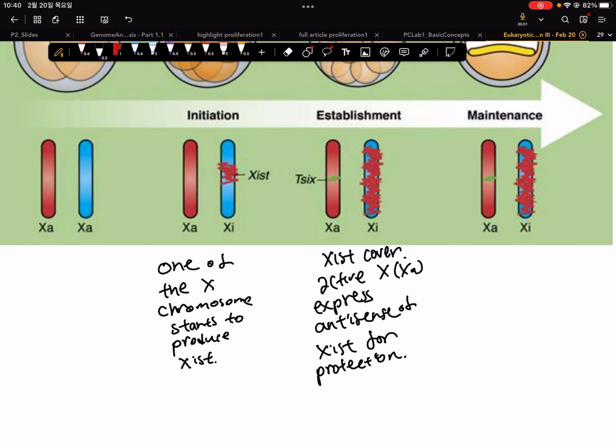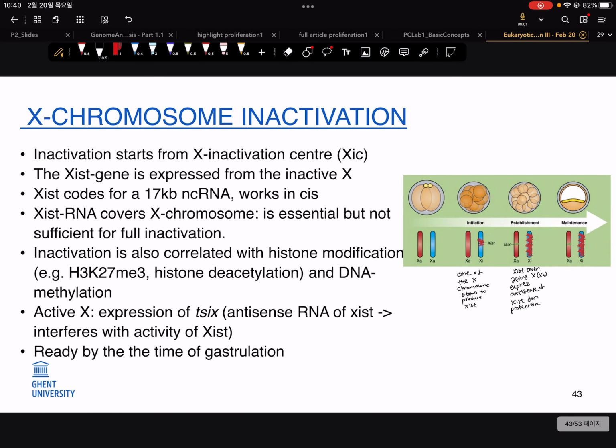And it works in cis, meaning it will bind to a close-by genomic region, the same genomic region, to that X chromosome. It covers it. It will kind of condense it. It's essential that this happens, but that's not enough. More things are going to happen for full inactivation.